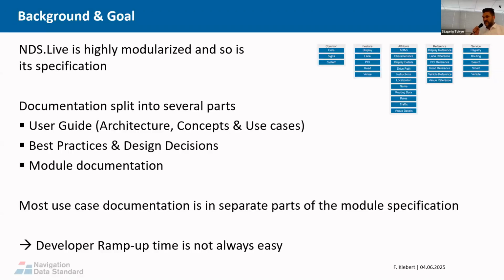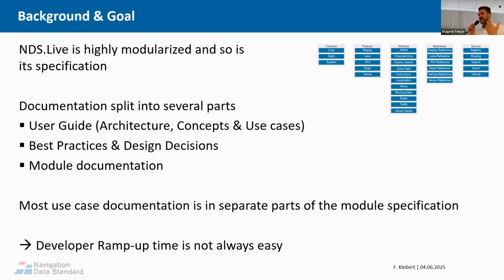We recently made a survey across the NDS members, and I think the results will be presented later on as well. One of the takeaways, I remember, was to explain how the specification should be read. So basically what to read first, what to read then, and so on and so forth.